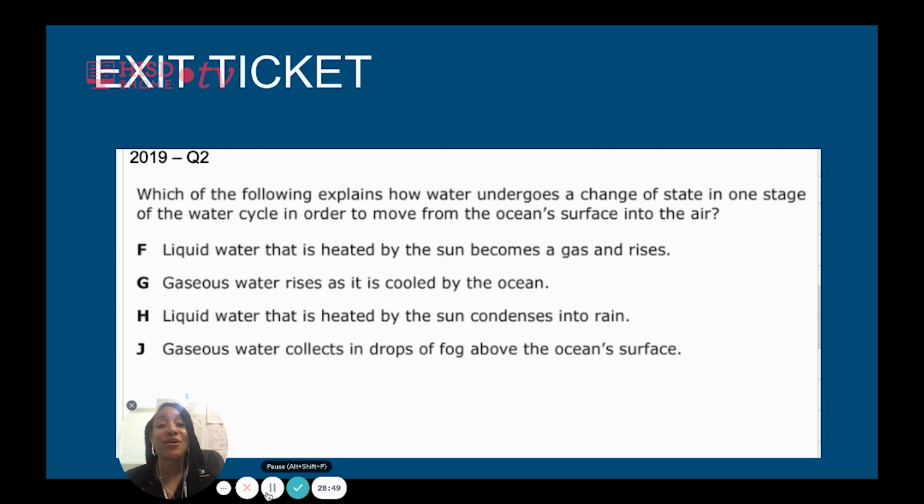Now, again, what stage is this typically called when water moves from the ocean into the air? Yes, that stage is called evaporation. And so that means we need to find an answer choice that describes evaporation. So can you tell me an answer choice first that we know does not describe evaporation?